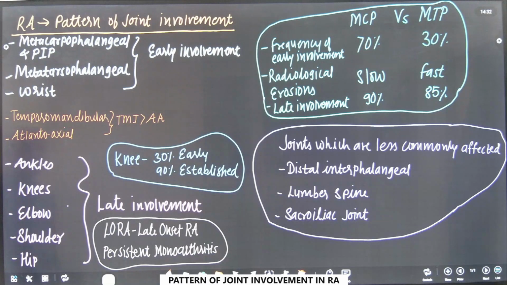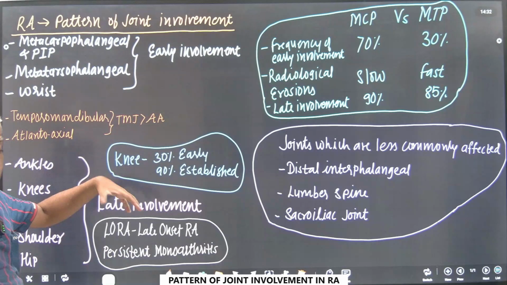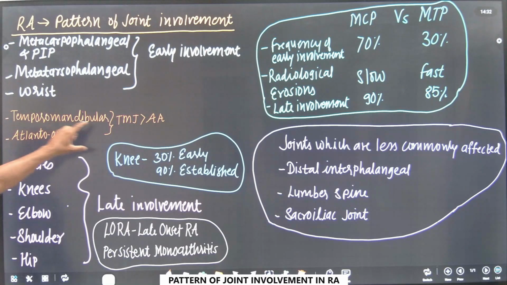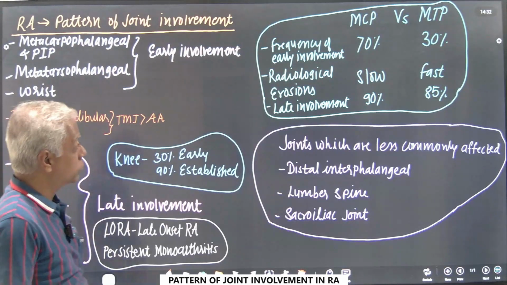Here, the temporomandibular joint and atlanto-occipital joint, we have seen that they also may get involved in this disease process. Temporomandibular joint, TMJ, and the atlanto-occipital joint, atlanto-axial joint, they also may be involved.